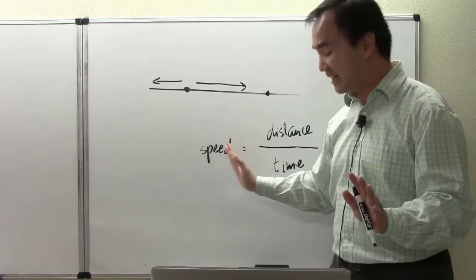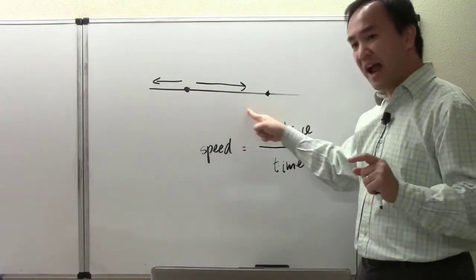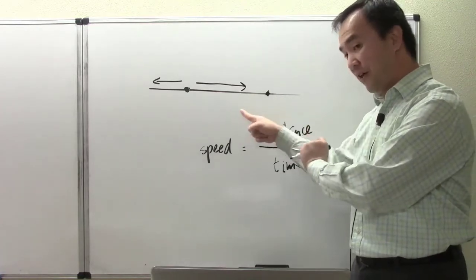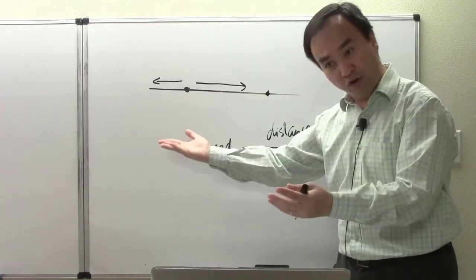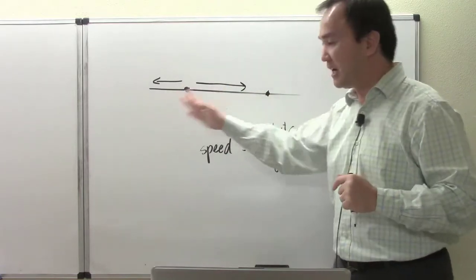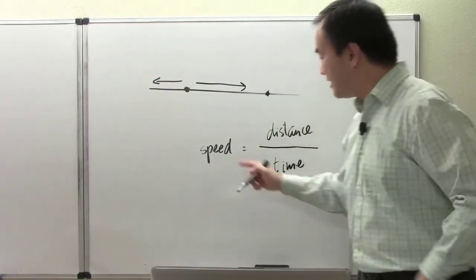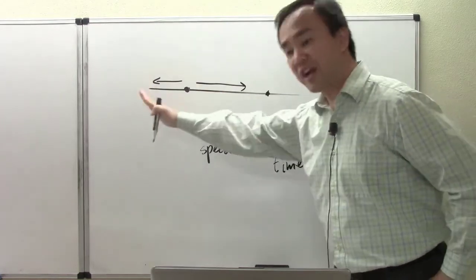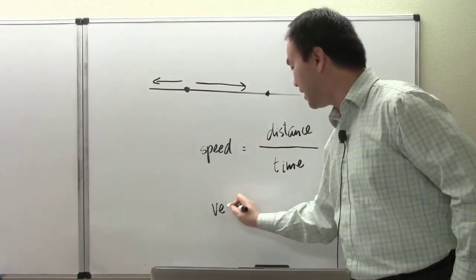So going forward has its own speed, how fast we're going forward. But as we go backward, we're making motion too. Either direction has speed. But speed together with direction, that's velocity.